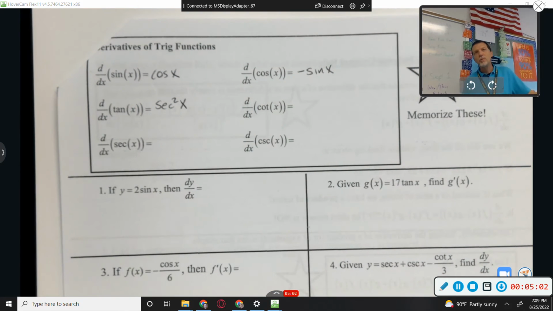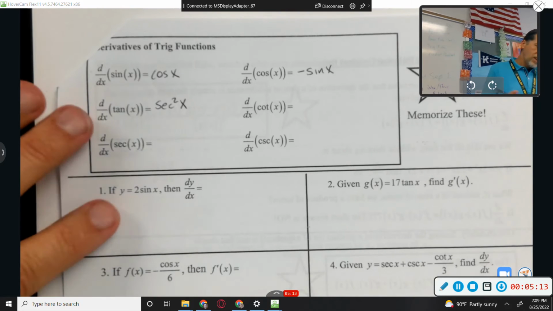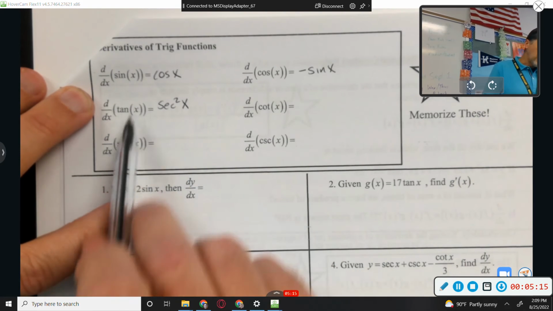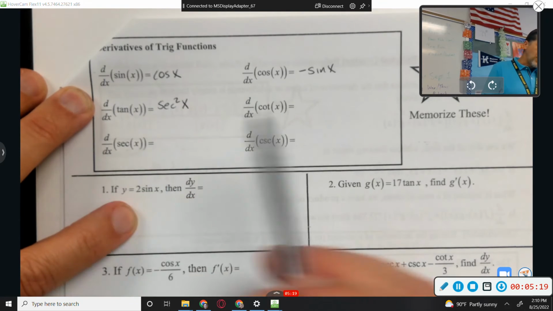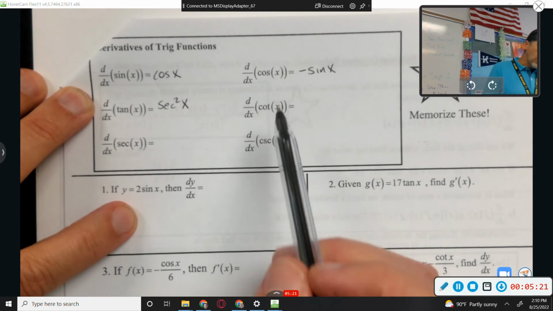That'd be really impressive. Derivative of tangent is secant squared. Derivative of cotangent, by the way, it's no accident the way we have these arranged. So we have sine, tangent, secant, and then cosine, cotangent, cosecant.